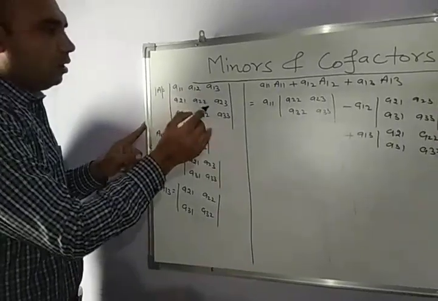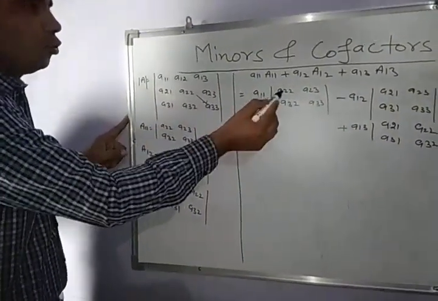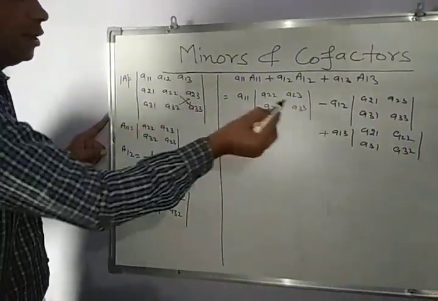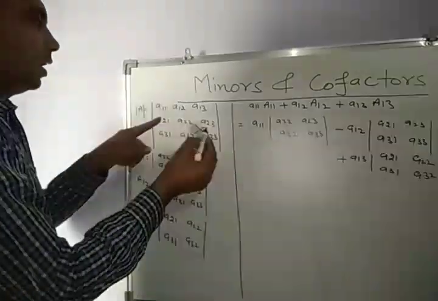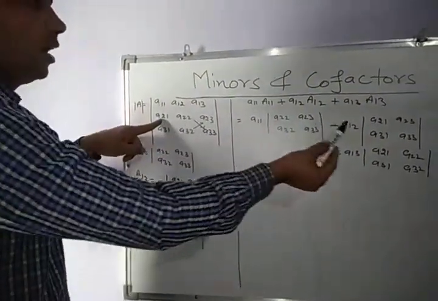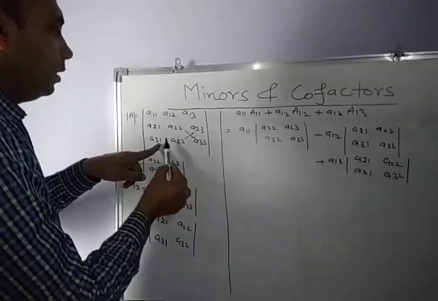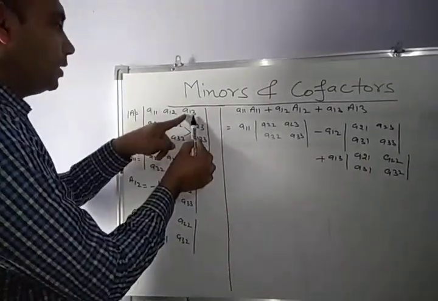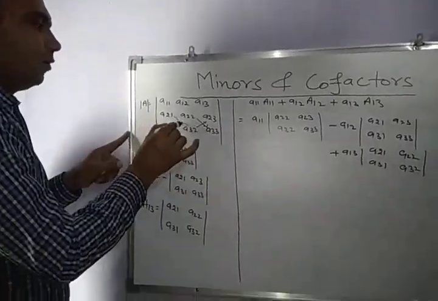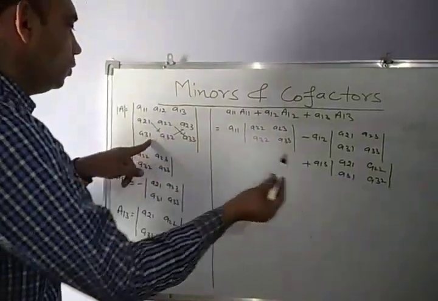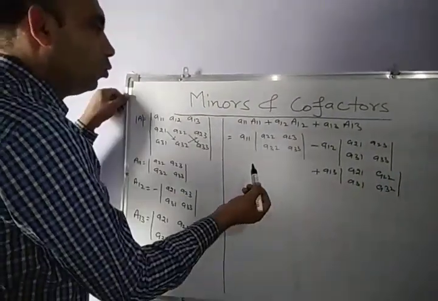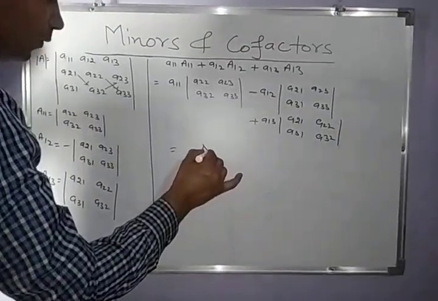This is the value of the determinant. Look: A11 multiplied with A22 A33 minus A32 A23, then A12 multiplied with A21 A33 minus A31 A23, plus A13 multiplied with A21 A32 minus A31 A22. So this is the value of the determinant.